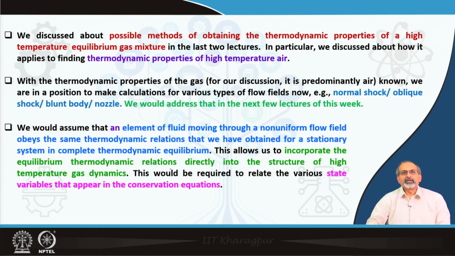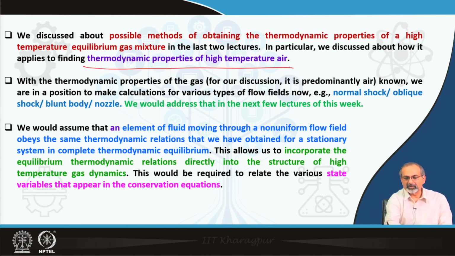Before we finish, we would like to have a look at a few of the important points here. We discussed possible methods of obtaining the thermodynamic properties of a high temperature equilibrium gas mixture in the last two lectures, which are the first two of week 8. In particular, we discussed how it applies to finding thermodynamic properties of high temperature air, which is going to be most important for us.